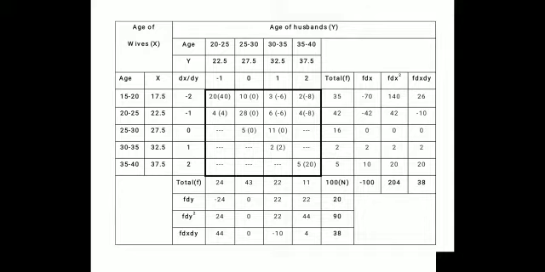Now the next step that we have to follow is the next column, that is f dx square. Squaring the dx values and not the frequency here, we should remember that. So f dx is minus 70, and the frequency is 35.